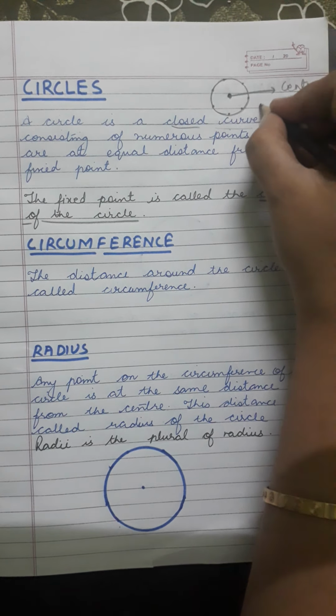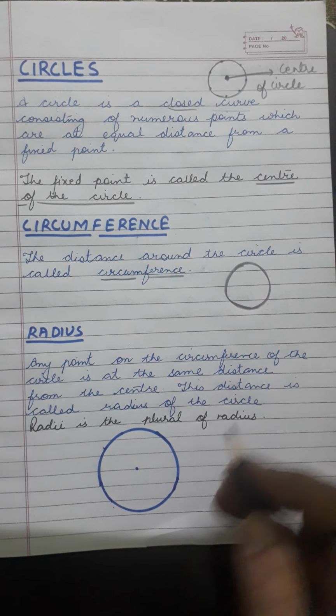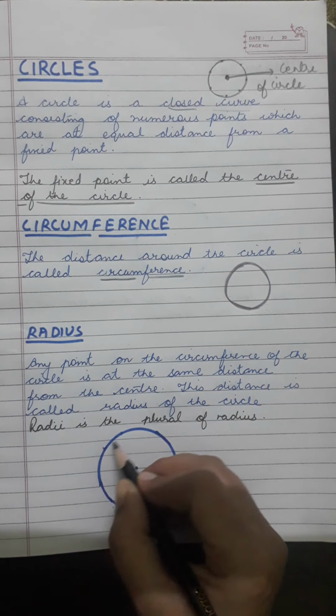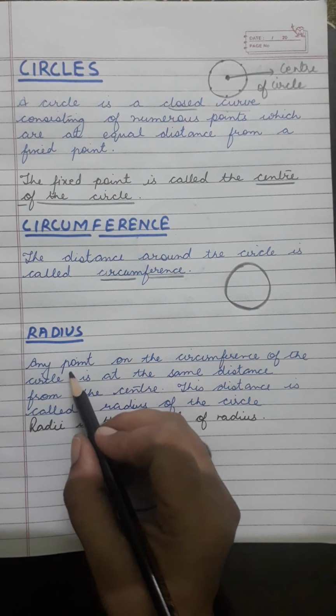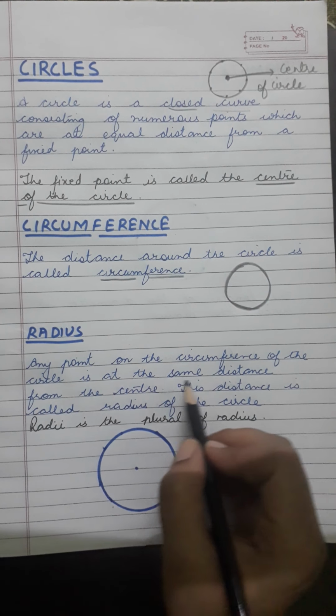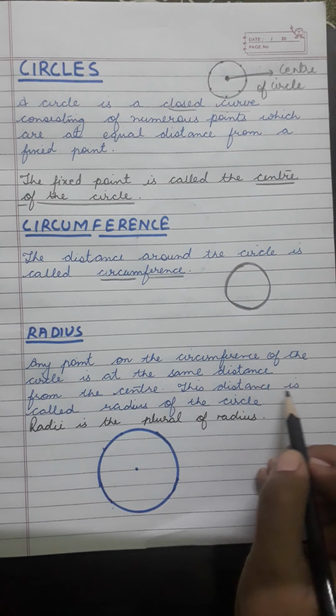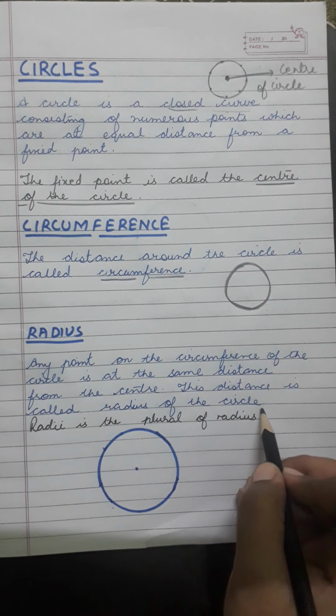Now next, it is radius. Any point on the circumference, meaning the outer boundary, is at the same distance from the center. This distance is called the radius of the circle.